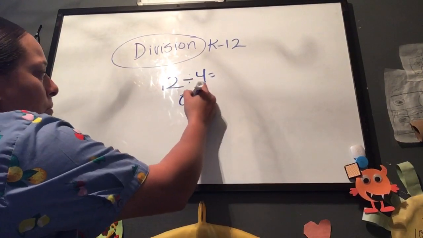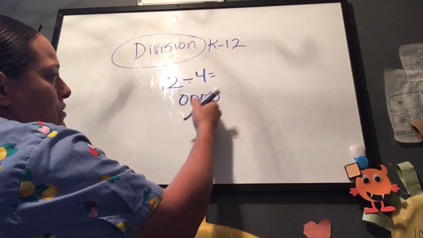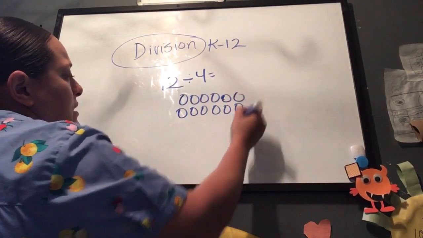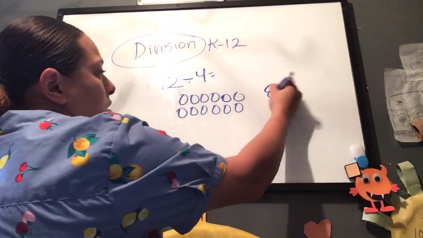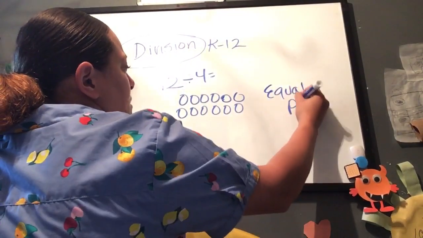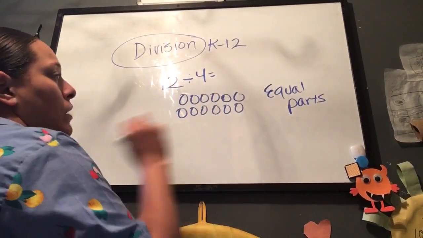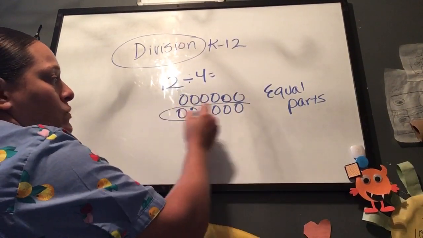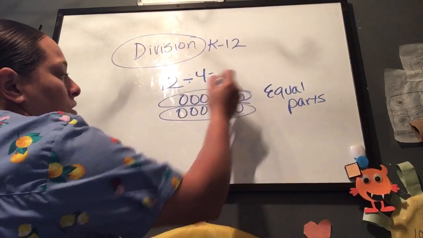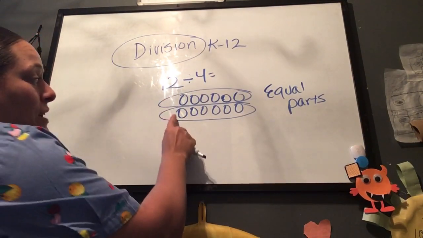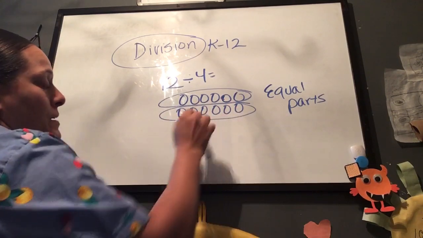The way that I remember it, and I even tell my students to do so, is by thinking about equal parts. Let's say we want to divide this number 12. We could do it this way: we have 12, and then we have 2 groups. If we count each group, that would be 6.